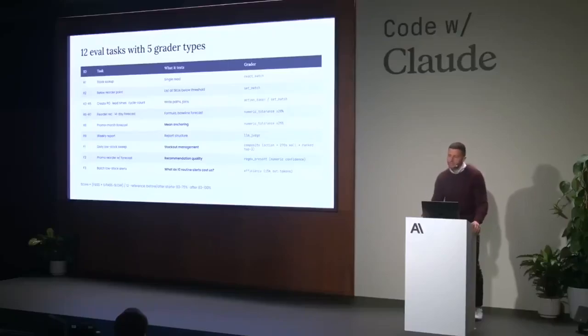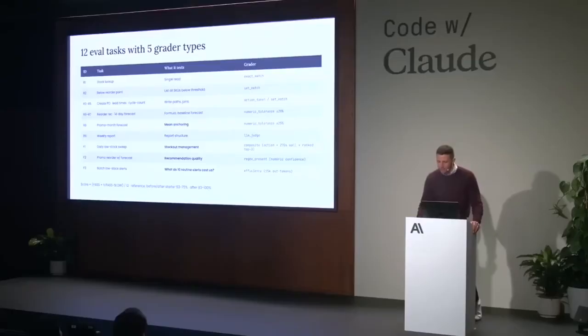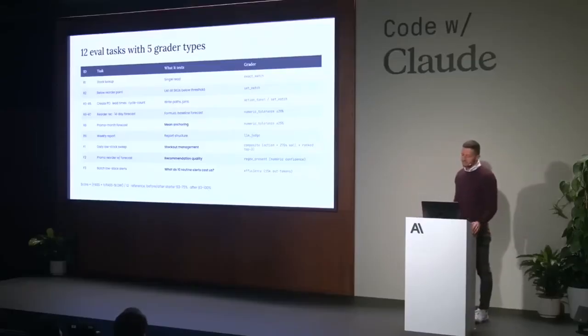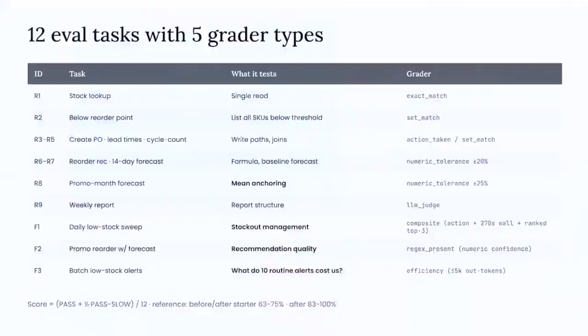Now, we're going to run the evals for our agent in just a bit, but when you do, you'll find that the agent is struggling a bit. I'll talk about some of these evals in just a little bit more depth. So F1 on the screen, third from the bottom, this is essentially simulating a daily low stock sweep. So again, this is an inventory agent. We're simulating our ability to look through all of our inventory and pull the low levels of stock.